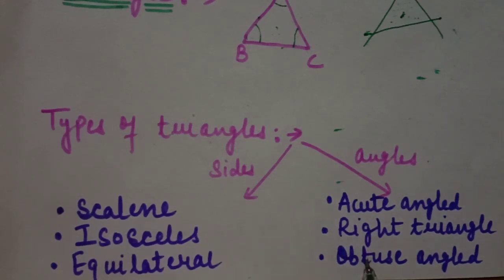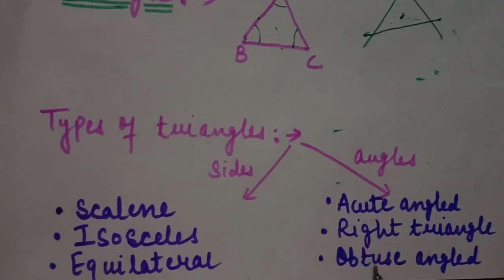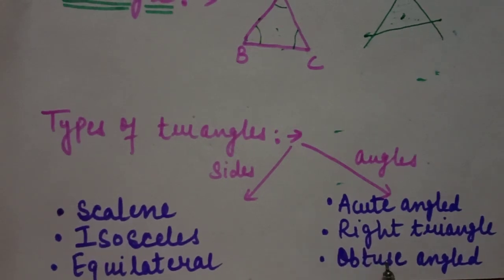What do you mean by obtuse? Obtuse angles are those angles which are more than 90 degrees. So the triangle in which we have one obtuse angle, we call an obtuse angled triangle. I said one obtuse angle.